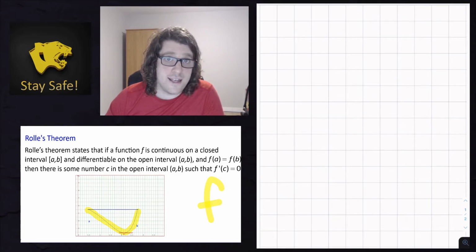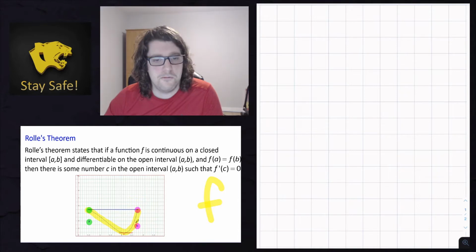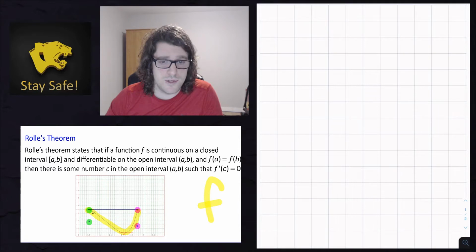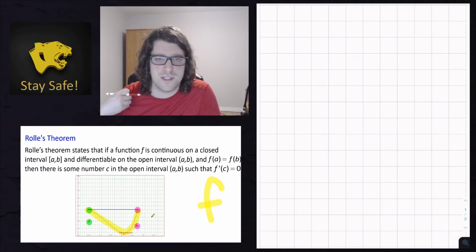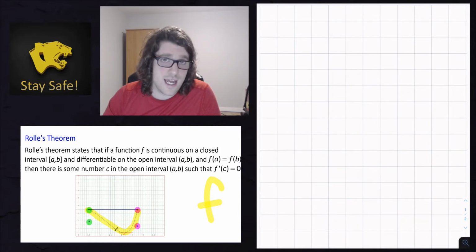In order for this to work out, between a, which is our start position over here, and b, which is our end position over here, f has to be continuous between a and b, including a and b, so it can't be discontinuous at a or at b. But it also has to be differentiable on the open interval, so every piece in here has to have a derivative that gives you a numerical value.